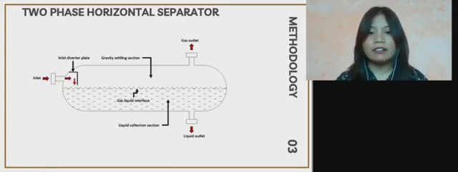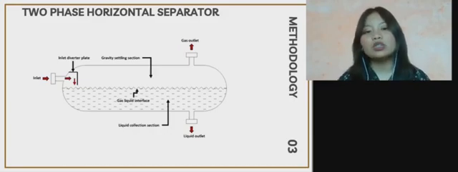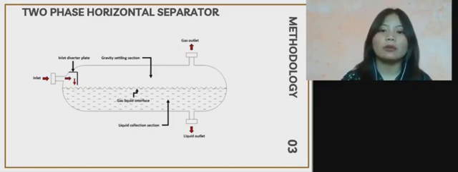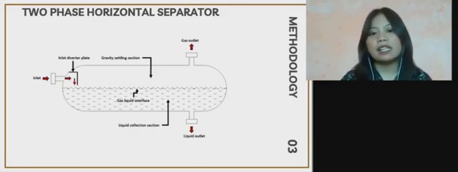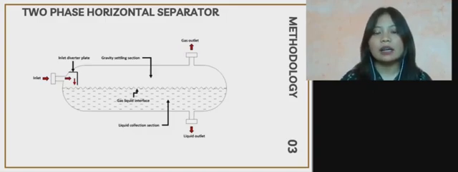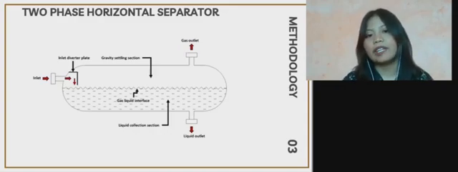However, before the gas leaves the vessel, it passes through a coalescing section, also known as a mist eliminator, causing them to fall into the liquid collection section.